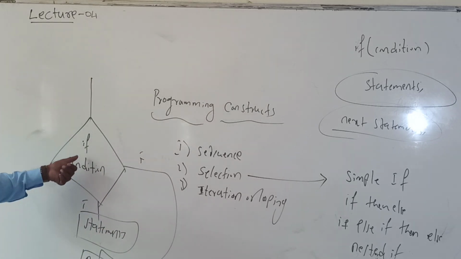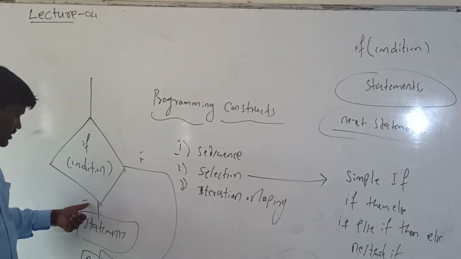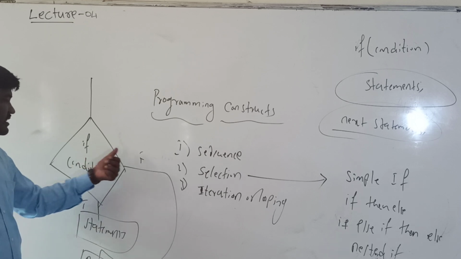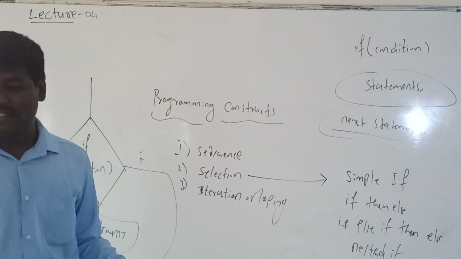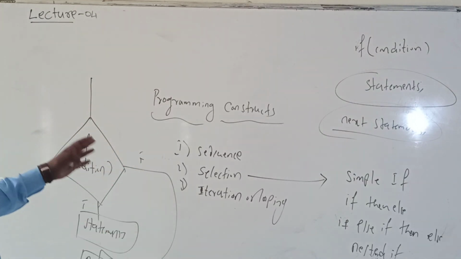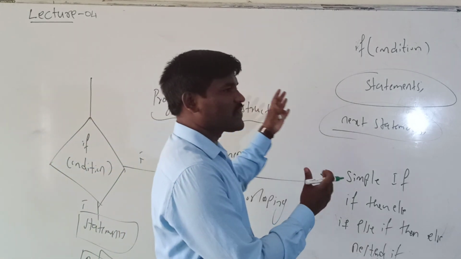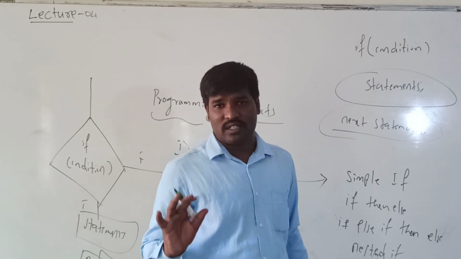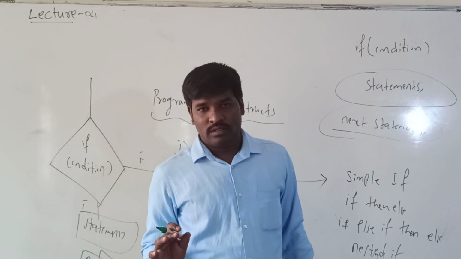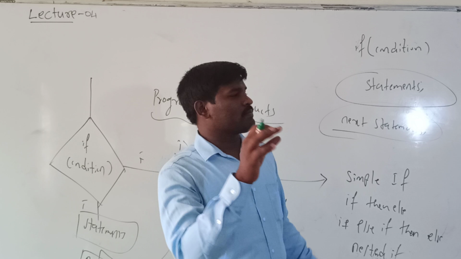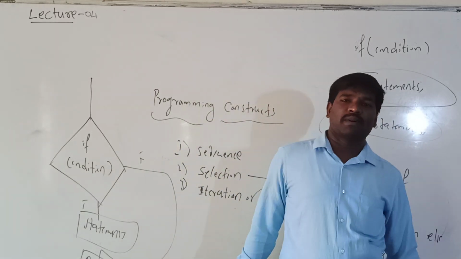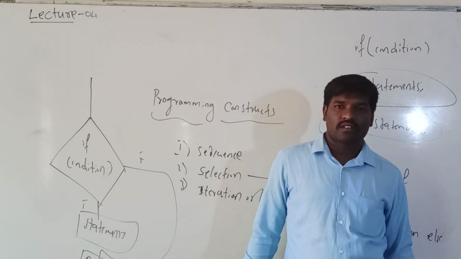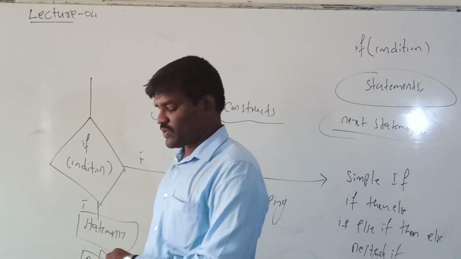See here, if the condition is true, it will execute the statement. If the condition is false, it will come to the next statement. So this is the flowchart for the simple if statement. Simple if means it does not have any else block. Only true block statements will be present inside the simple if condition. Okay, so this is the first one.